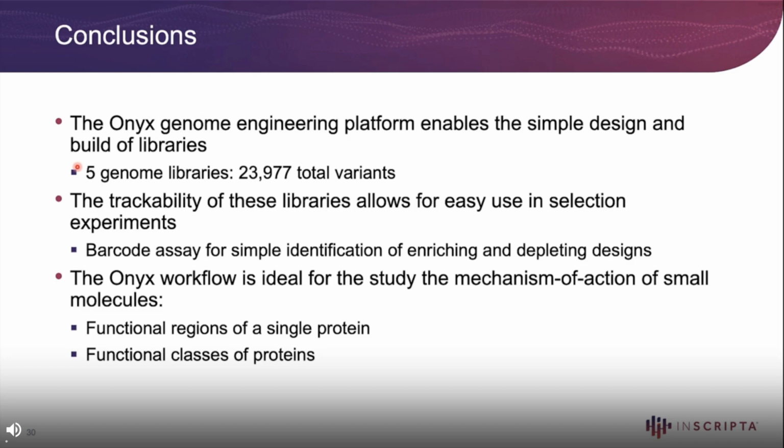So for this work, we built a total of 5 genome libraries. This had a total of 23,977 total variants. For each of the genome libraries, the hands-on time actually spent building them would be around an hour, if not a little less.